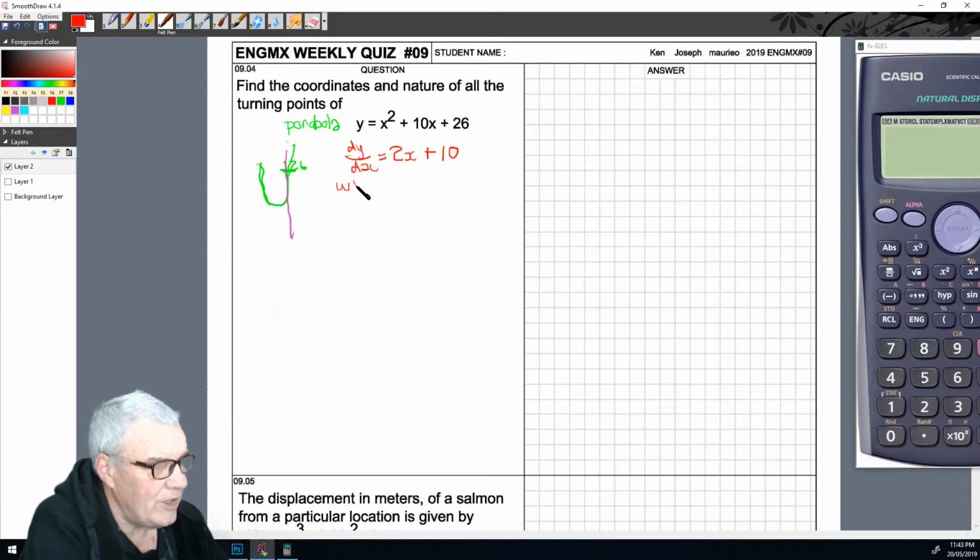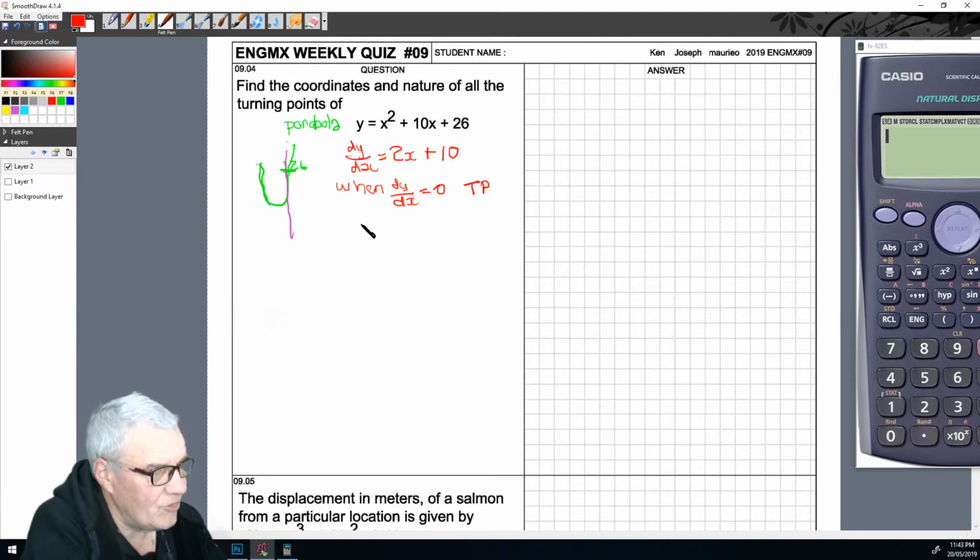I know that when dy by dx equals 0, I must have a turning point, TP, turning point.